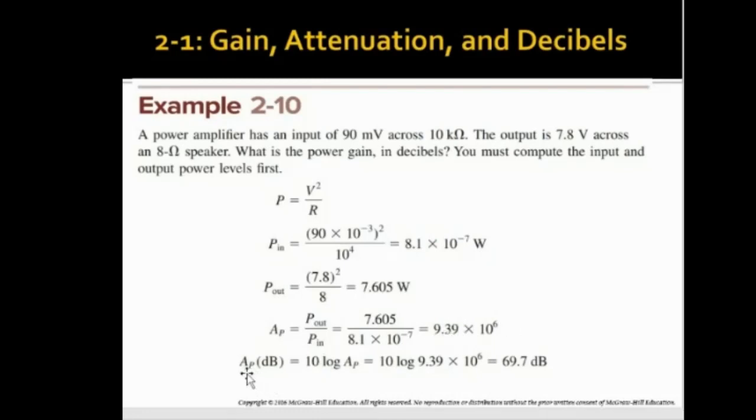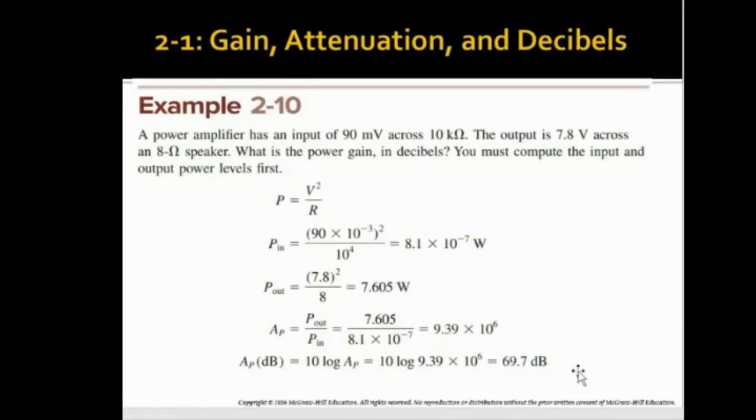So then the gain in decibel is 10 log of the gain factor, or the gain ratio, which is equal to 10 log of 9.39 times 10 power of 6, which is equal to 69.7 dB or decibels.